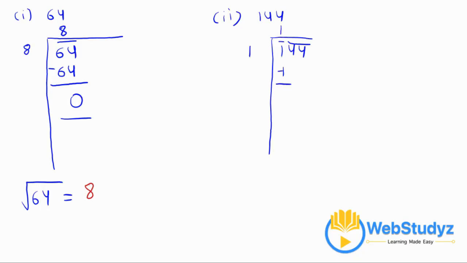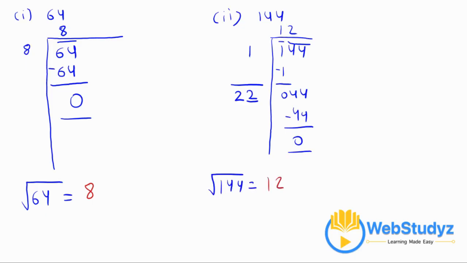So we get 044, and multiplying 1 by 2 we get 2 and a blank. For 44, we have to multiply 22 by 2 to get 44. This gives us the remainder 0. So the square root of 144 is 12.